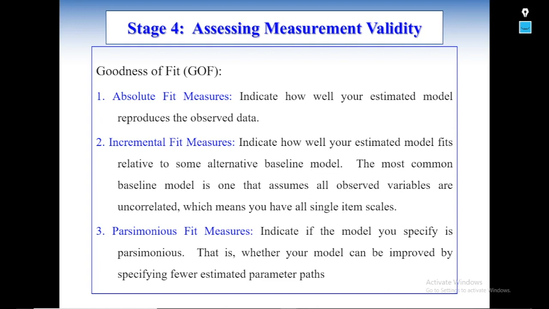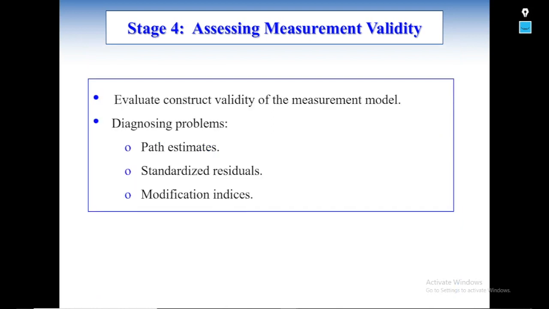So how will we find it? Through the absolute fit measures, incremental fit measures, and parsimonious fit measures. These fit indices tell us whether our model is fit or not. Then we evaluate the construct validity of the measurement model, and diagnose problems through path estimates, standardized residuals, and modification indices, then we correct our model.